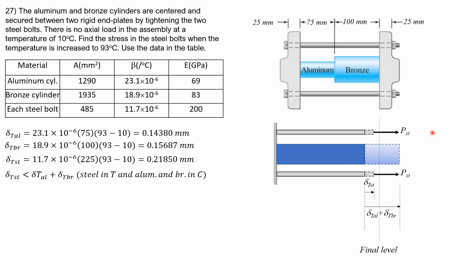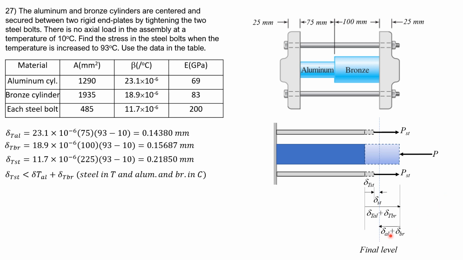So due to the tensile forces in the steel, this deformation here is deformation due to tensile stress in steel. So we'll call that delta S sub D. And this deformation here is due to compressive force, the combined compressive deformation due to bronze and aluminum combined.